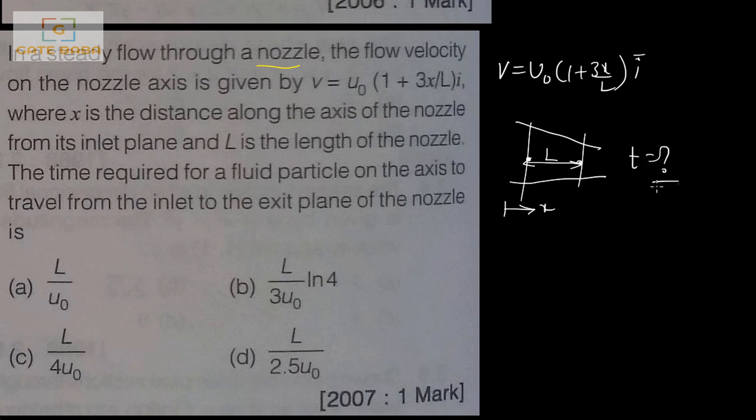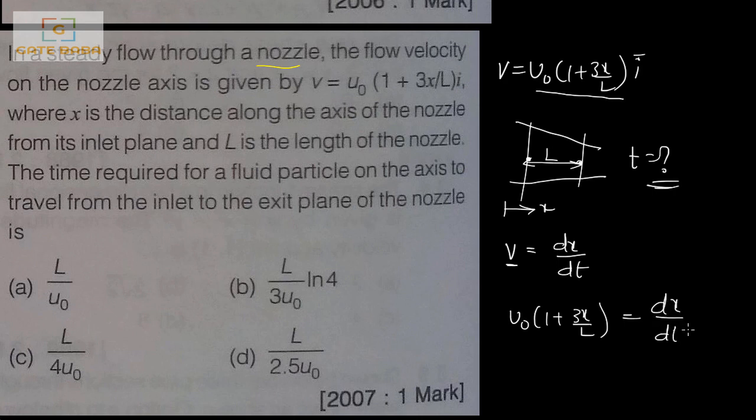He is asking for a time required. What we know, the basics of velocity: velocity is nothing but the rate of change of displacement, that is dx by dt. So u naught of 1 plus 3x by L equals dx by dt. It is just the basic velocity formula.